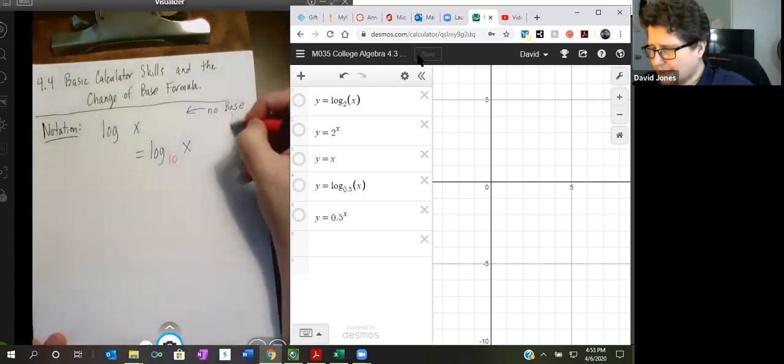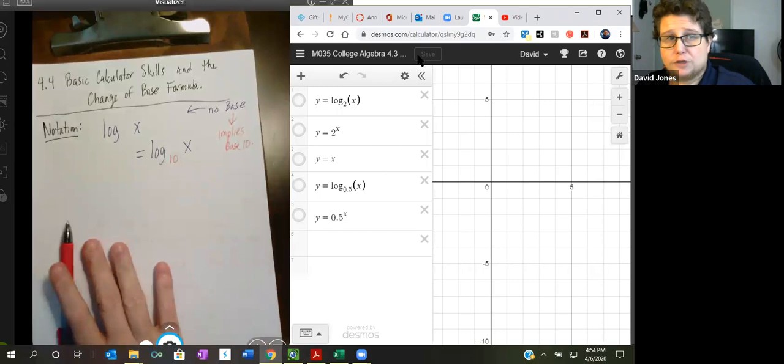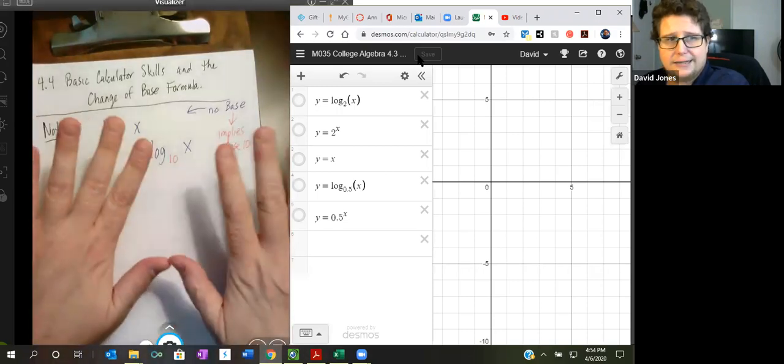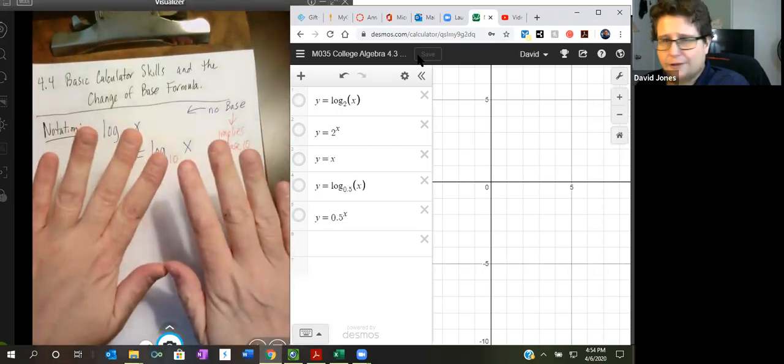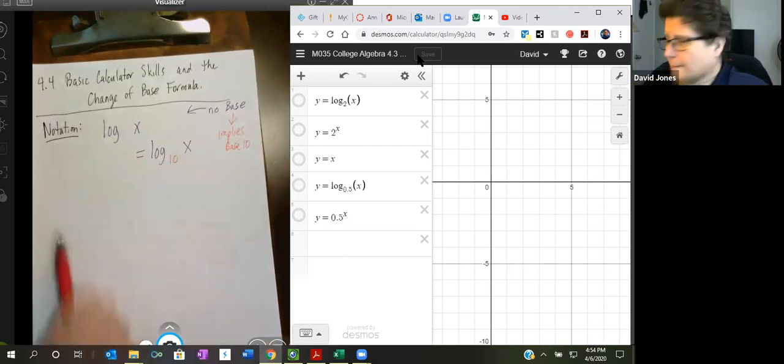So no base implies base 10. Why? Most people have 10 digits on their hands and their feet, and it's just the way we've done our number system. Our entire number system is based on powers of 10. At least in modern times. Babylonians and different systems used different bases. They had base 30, base 60, some crazy bases.